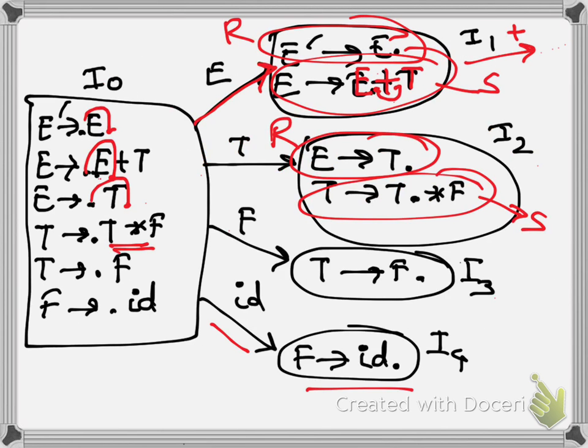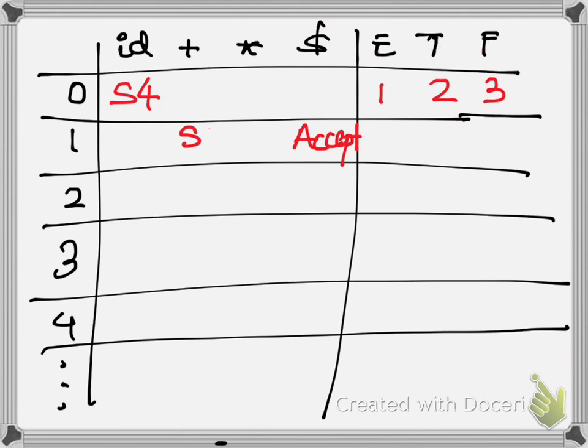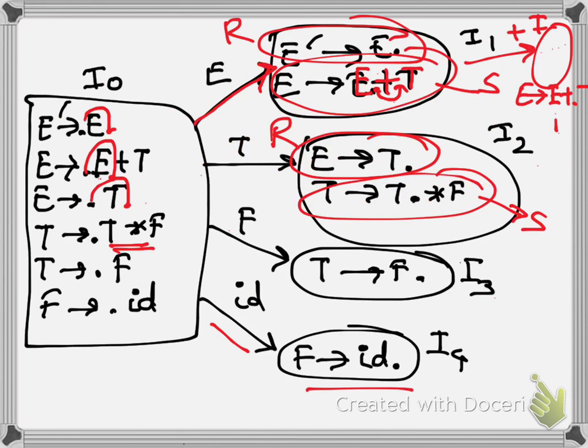So on plus, this is going to move to an item containing E derives E plus dot T. Okay, there may be some more items. So it will shift to, let's call it, state I5. So it goes to 5.